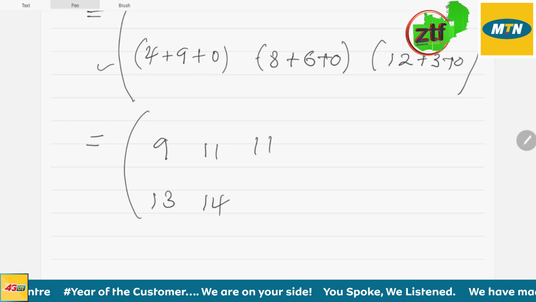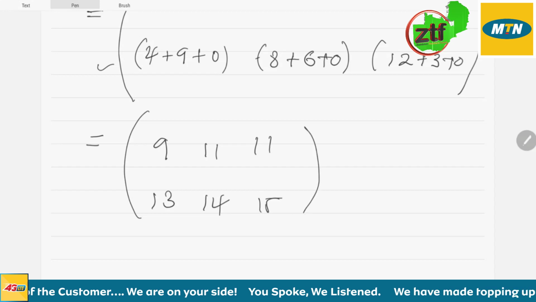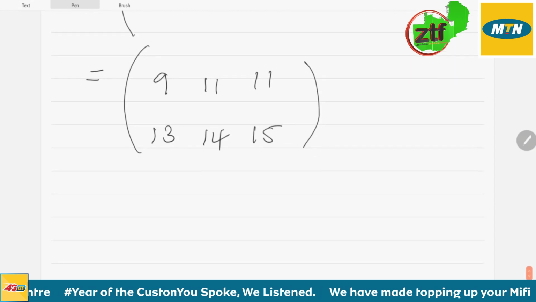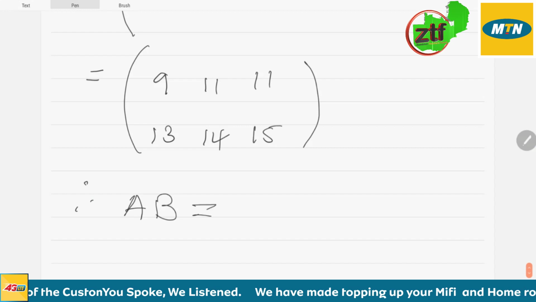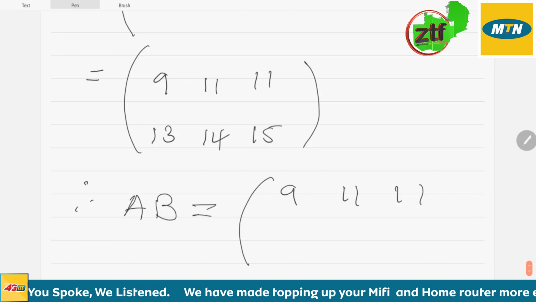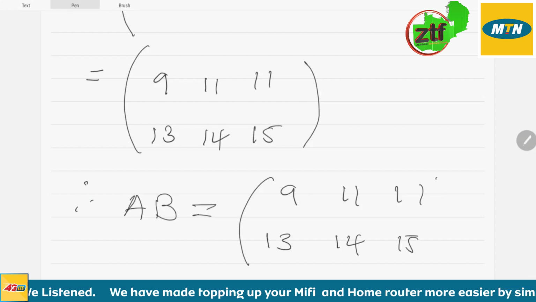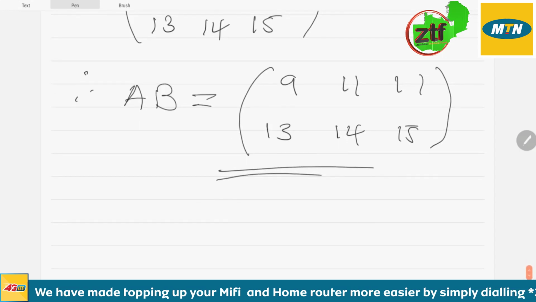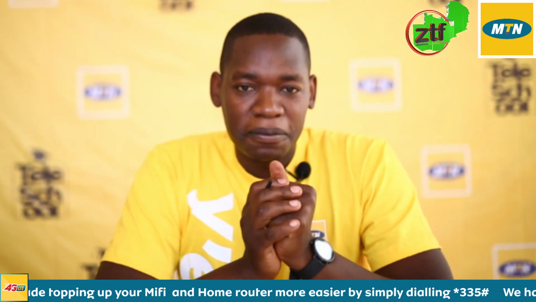And 12 plus 3, we get 15. Therefore, the matrix AB is equal to 9, 11, 11, then 13, 14, and 15. All right. So that is how you answer question number 7.